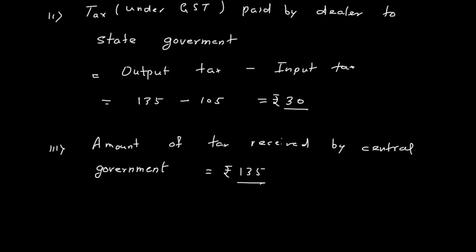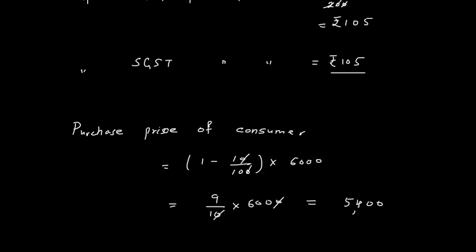When the question is about tax paid by the dealer to the state government or central government, this amount is going to be less. Why? Less than what the government actually receives, because the government is receiving from the wholesaler, from the dealer, and from so many persons. At each level, the tax already paid by the previous person in the line, like the wholesaler, is not paid again, so the dealer will not pay this whole 135, because out of this 135, 105 was already paid, so the dealer will pay a smaller amount.